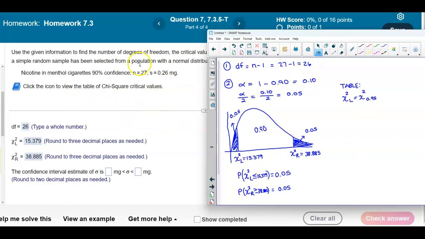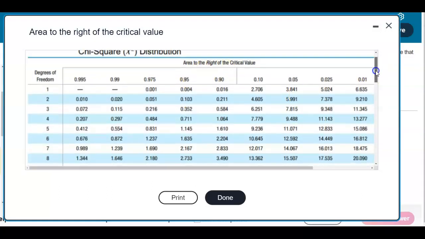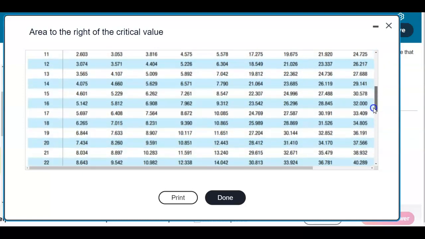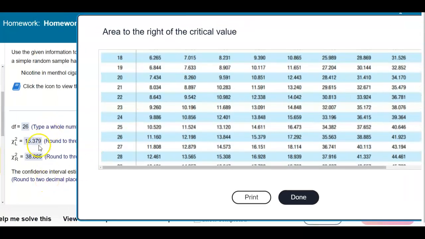So if we would use the table here, we know that we have 0.95, and then we're going to scroll all the way down to where we see 26, and you can see here that we get 15.379, which is what we got there.